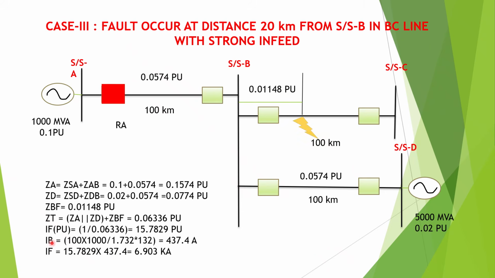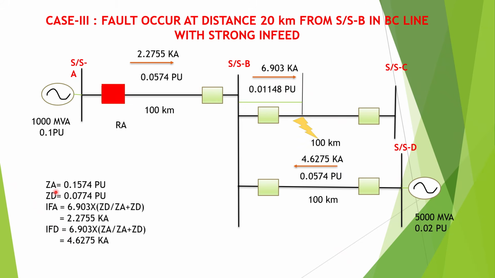So we can calculate the value of the fault current in per unit, which comes as 1 divided by the total impedance, that is 0.06336, which comes as 15.7829 per unit. Since the base current is 437.4 ampere, the fault current will be 15.7829 into 437.4, which comes as 6.903 kiloampere.